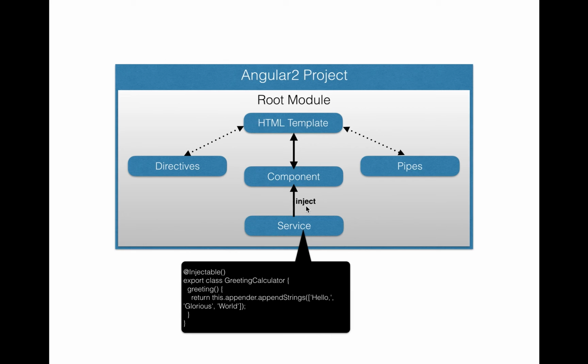You can make use of all the functions that are available within the service in your component. So let's say you want to invoke a REST service, which is external to your Angular 2 system. You can write the logic of invoking the REST service in the service layer.